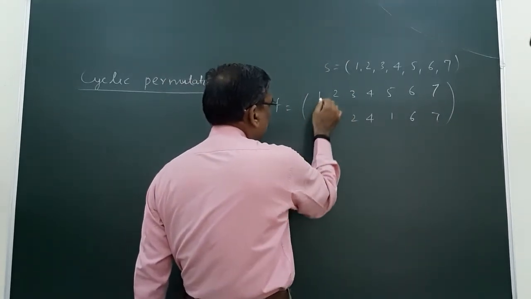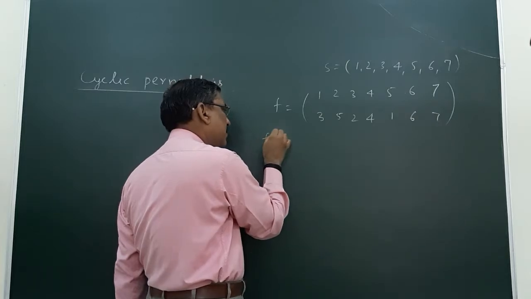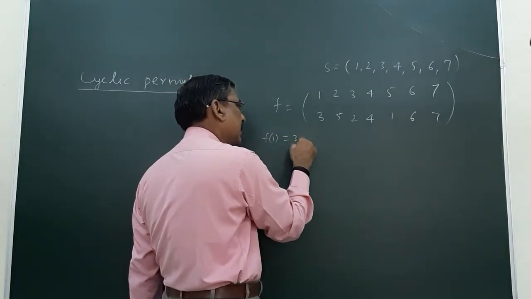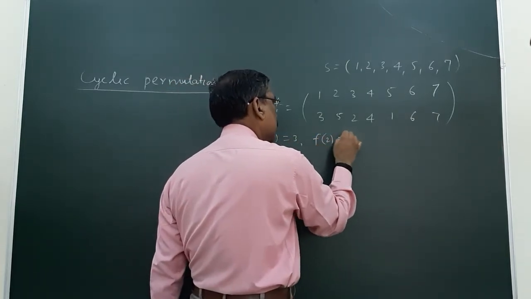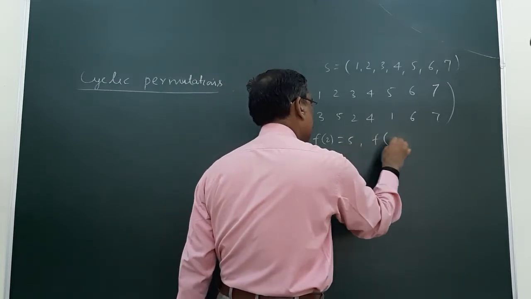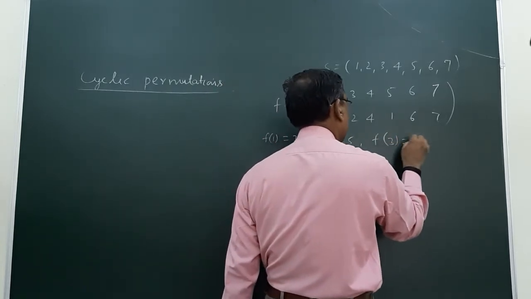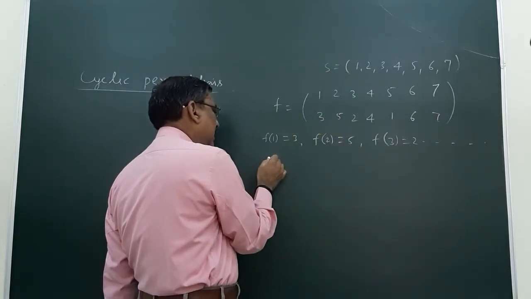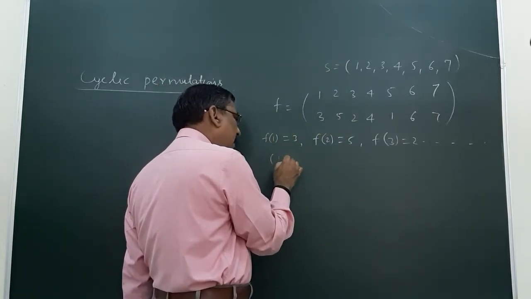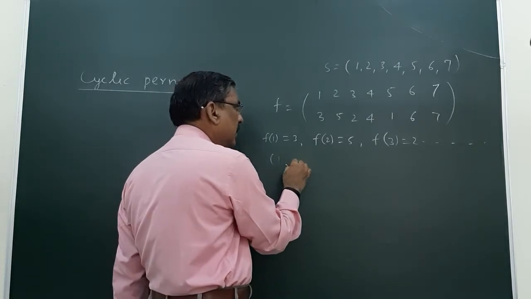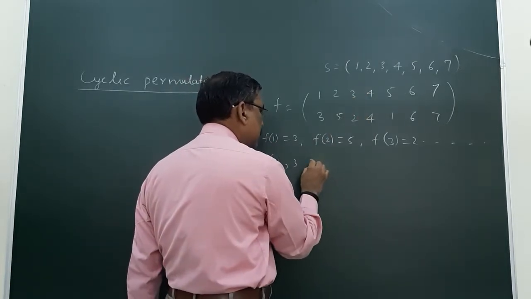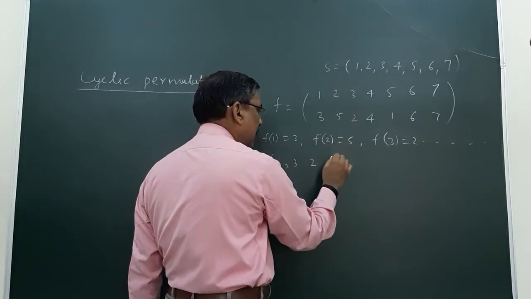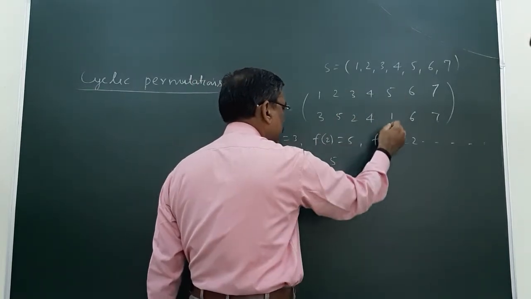Here we see that the image of 1 is 3, the image of 2 is 5, the image of 3 is 2 and so on. So we clearly see that the image of 1 is 3, the image of 3 is 2, the image of 2 is 5 and the image of 5 is 1.